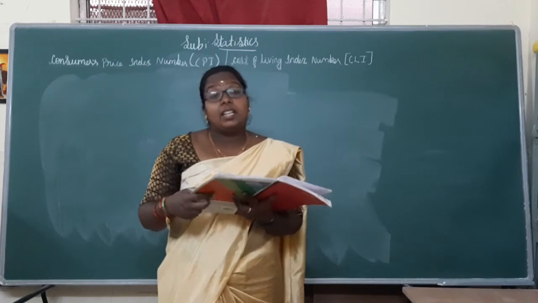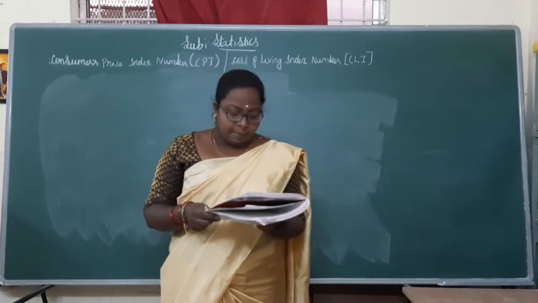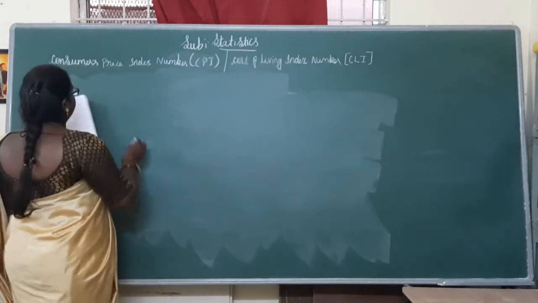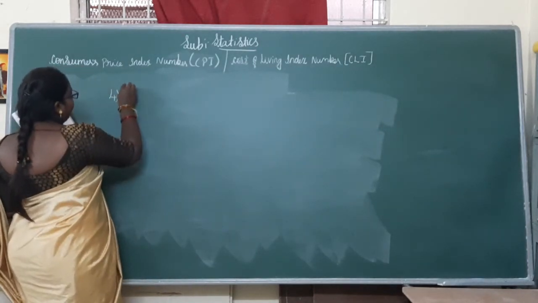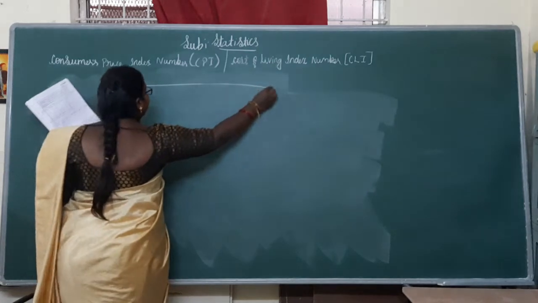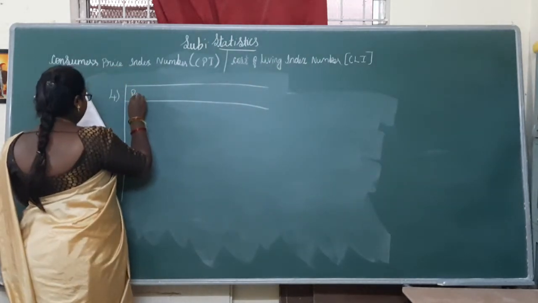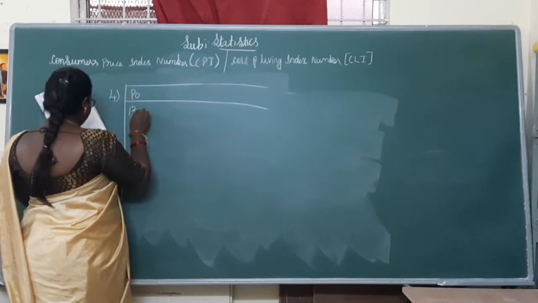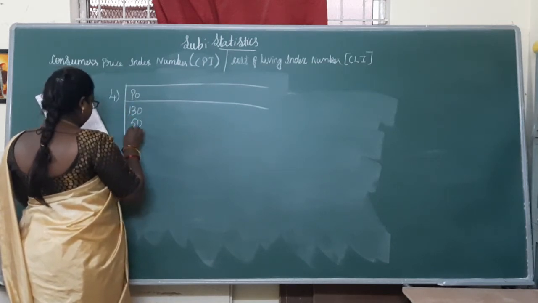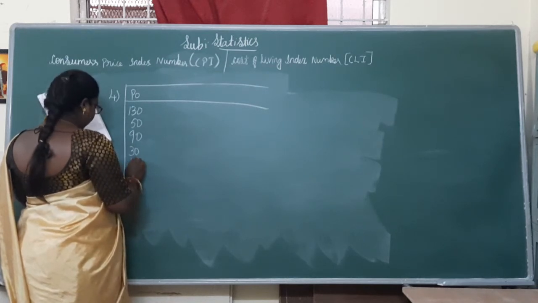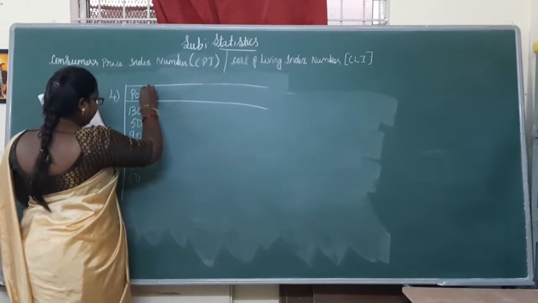How we did it in the initial period, in the chapter on initial period, like that. So I am taking the data which is available for me. Fourth one. Here I have P0, that is 130, 50, 90, 30, 40, 50.